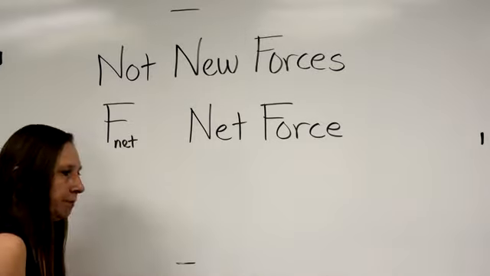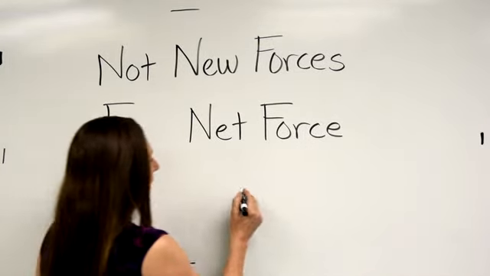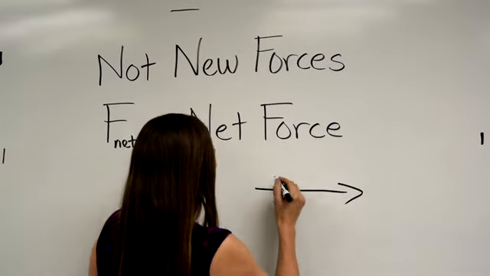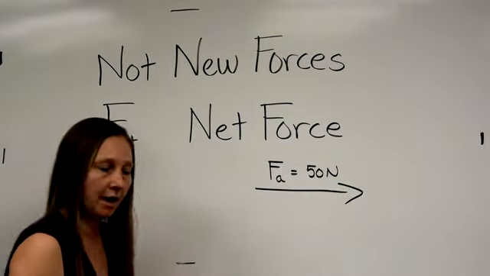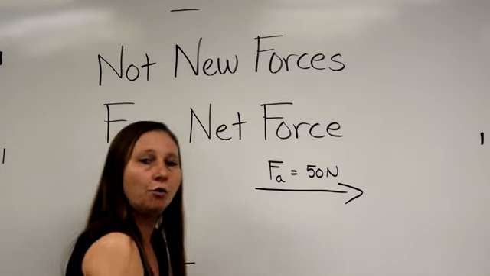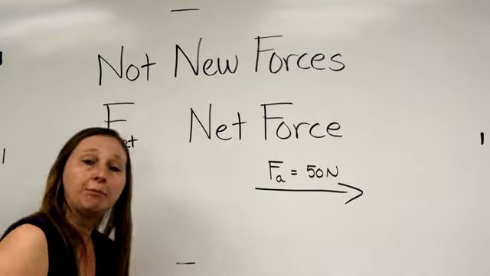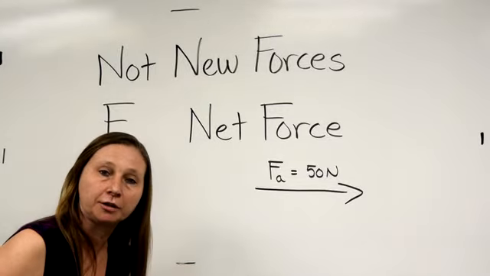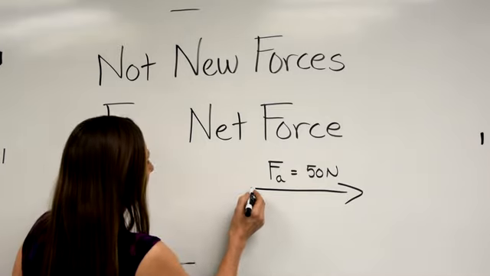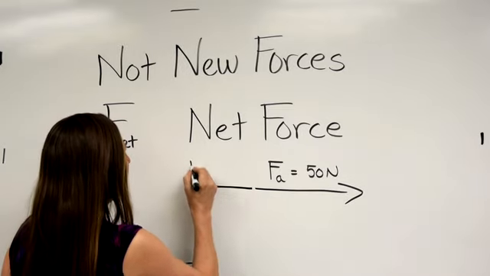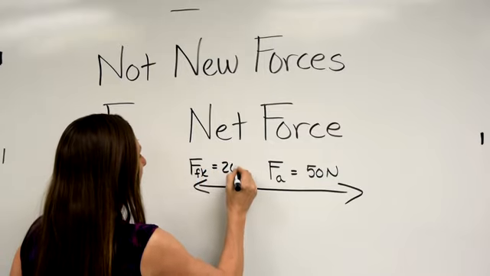For example, if I am pushing an object with a force of 50 newtons, my F applied is 50 newtons in that direction. The object is moving. Let's say I'm pushing it and it's going faster and faster. So the friction, let's say, F friction kinetic, is 20 newtons.